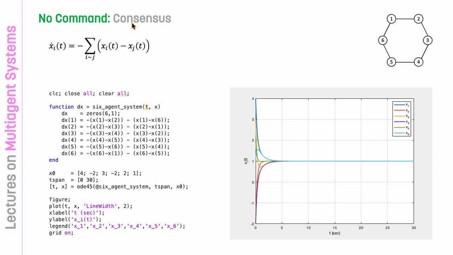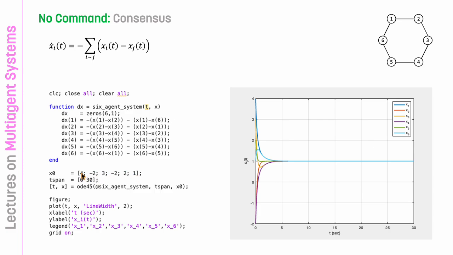The first case is the simplest case. You have no external inputs. And I will use these six agents over a circle graph as my benchmark candidate undirected and connected graph. If you implement this consensus protocol over these undirected graphs, basically all agents will converge to the average of the initial conditions.